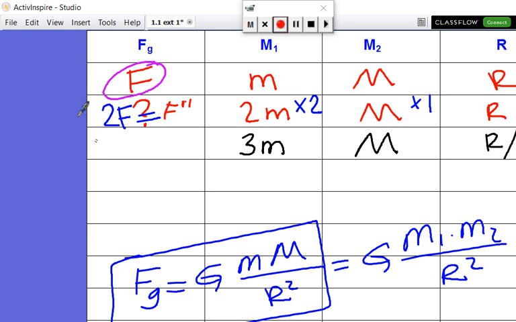What will be the new force, let's say F triple prime, instead of the original one? That's quite confusing, because the mass increases so the force is going to increase, and the distance is halved so the force is going to increase again. But how much?